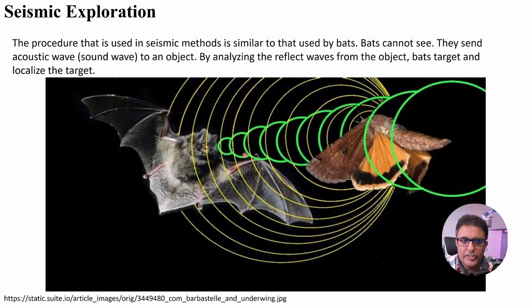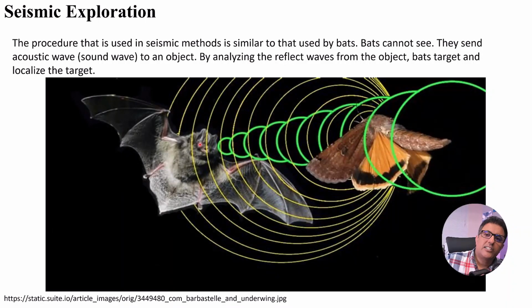Indeed, in nature, bats use almost the same procedure. Bats are blind and they can't see their environment. But what they do is produce high frequency waves that are called ultrasound. The ultrasound hits different objects and is reflected back to the bat.